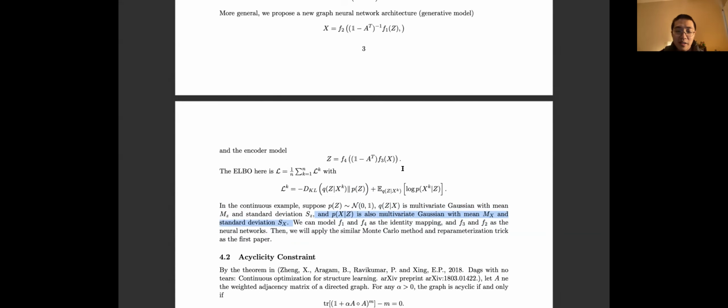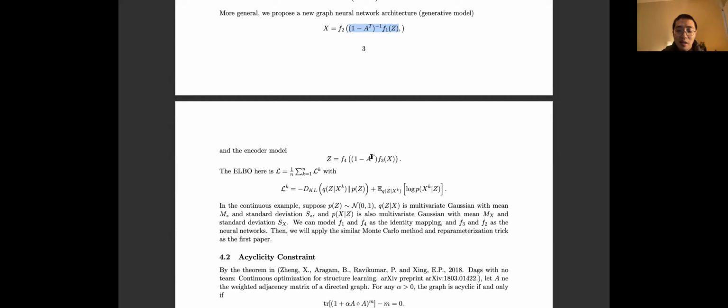In this paper, they define f1, f4 as identity mappings and f3, f2 as neural networks. So we have almost the same model as before, except we are given a specific form of the generative model, decoder and encoder. Based on this, we can use exactly the same method as before to maximize the ELBO.